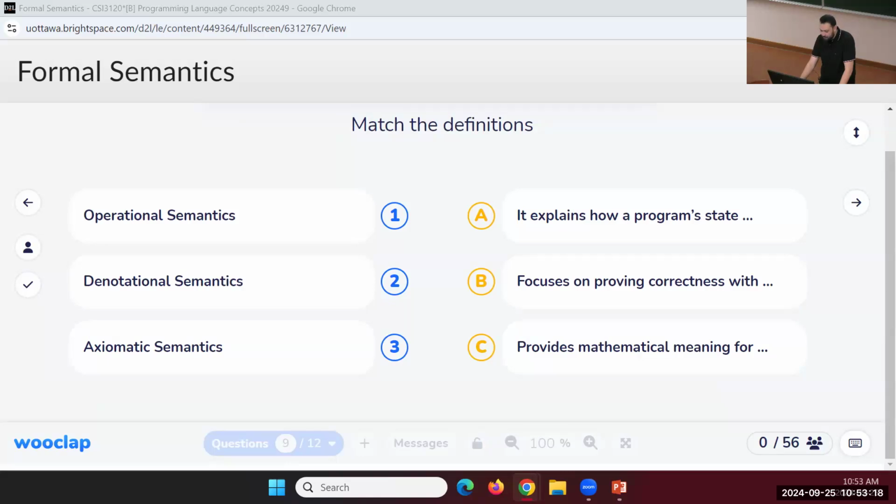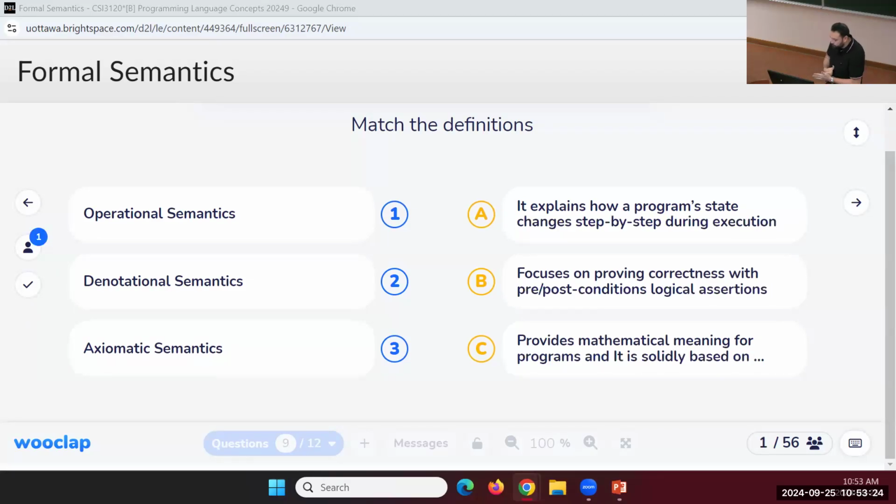Match the definitions. Which one explains how a program state changes step by step? And which one talks about the pre and post condition? And which one is solidly based on function?